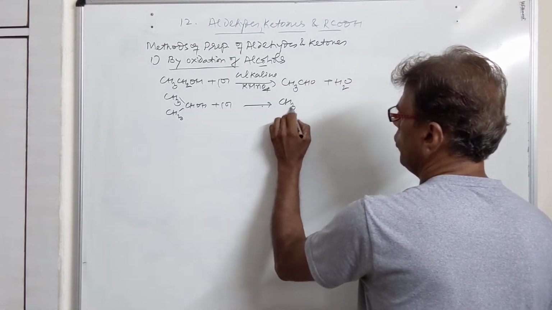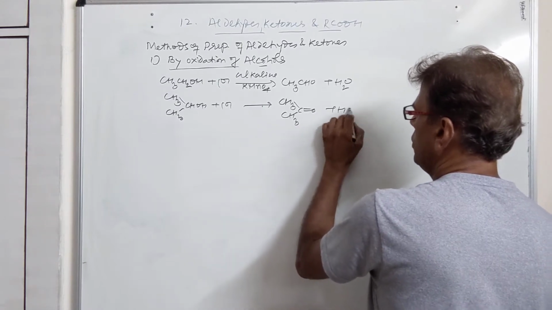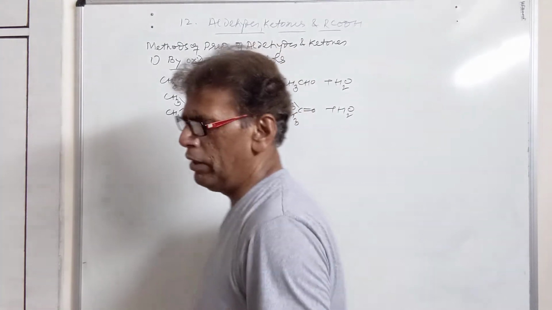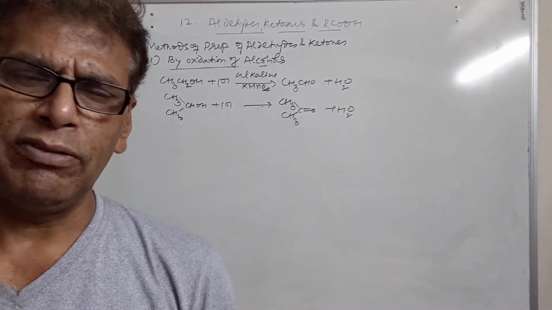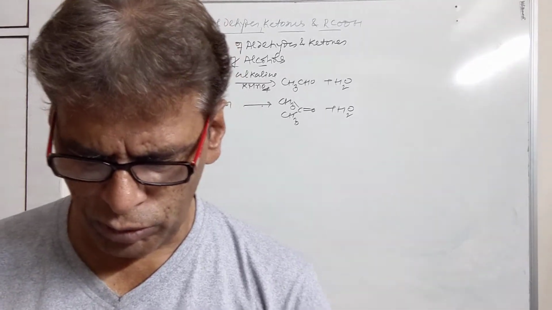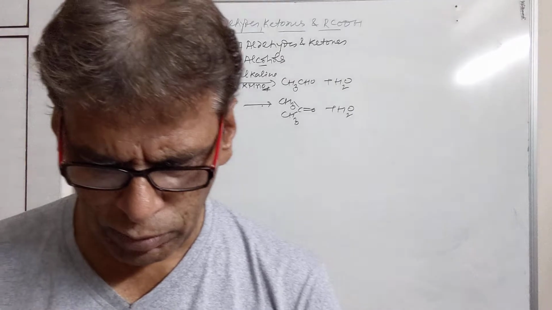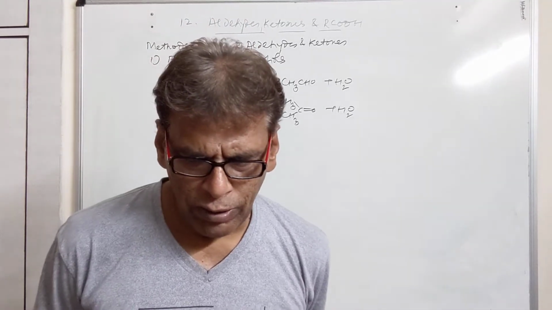We get acetone plus water. So they should be immediately distilled out. Once they are formed in the reacting vessel, if they are not distilled out, they will immediately change into carboxylic acids.